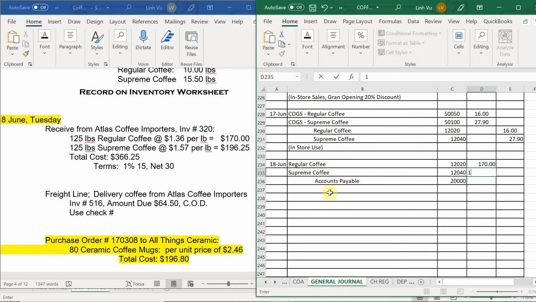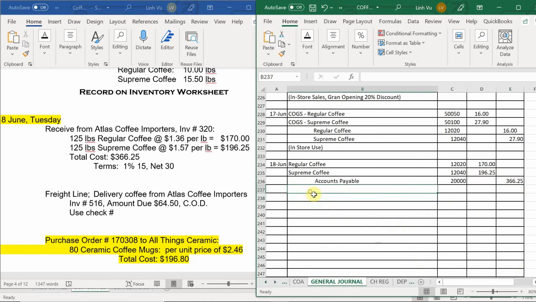And we have 196.625 for the supreme. So to give us a grand total of $366.25.